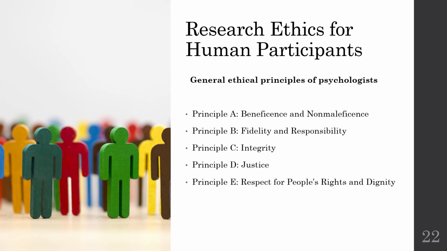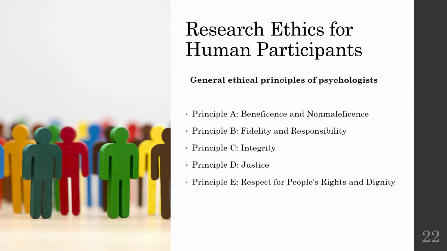beneficence and non-malfeasance. This is generally just the idea that you should do no harm. We should not be hurting participants for no reason, or really in general, and you should be striving to do good. Principle B, fidelity and responsibility.